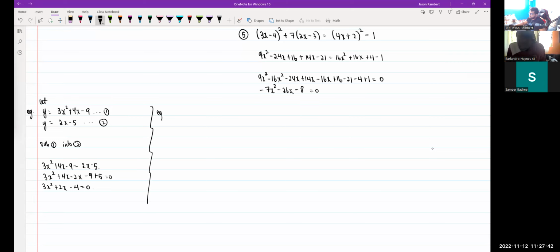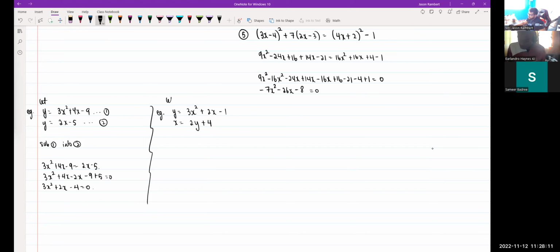Let me do our next example. Let me say this time, I have y is equal to 3x squared plus 2x minus 1. And for the next equation, I have x is equal to 2y plus 4.